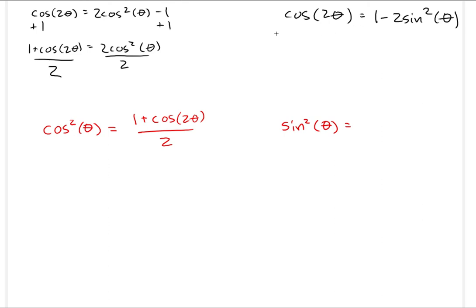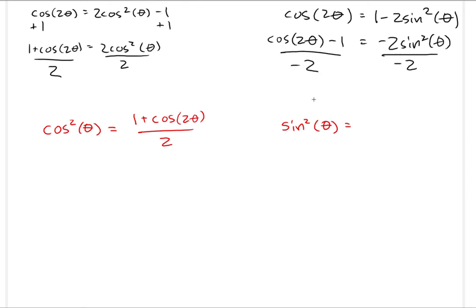So I can subtract 1 here, so I have cosine 2 theta minus 1, negative 2 over sine squared theta, but then I'm going to divide by negative 2, and then the only adjustment I'm going to make as I write it down here is I'm going to let the negative be with cosine 2 theta and the plus be with 1 when I divide by negative 2, so this will be 1 minus cosine 2 theta over positive 2, right? So just switch the signs on everything there. So there's our power lowering formulas.